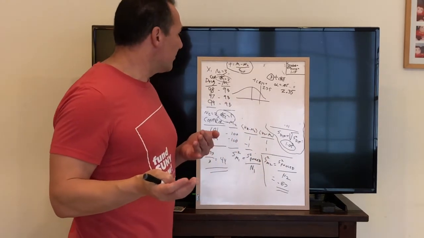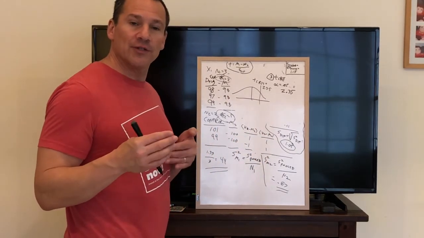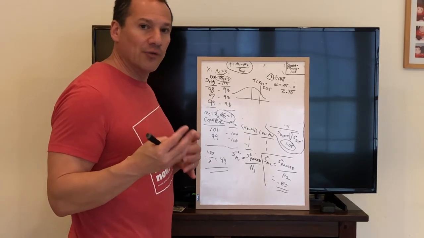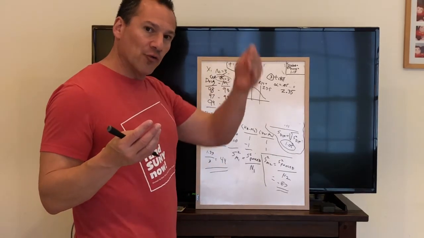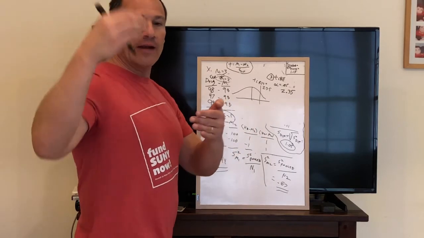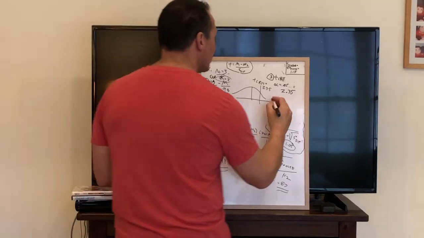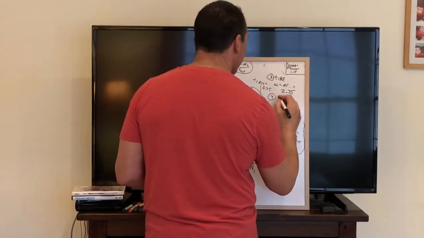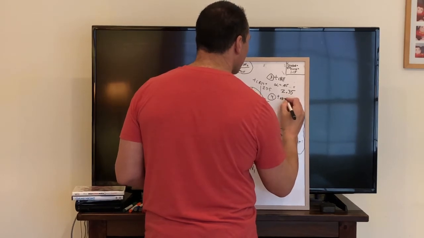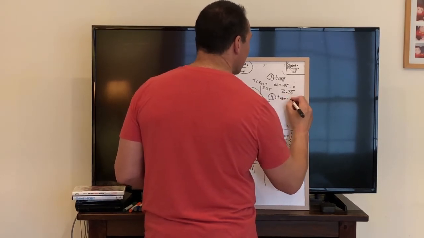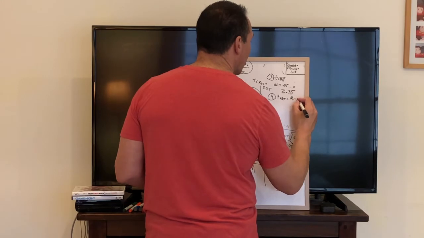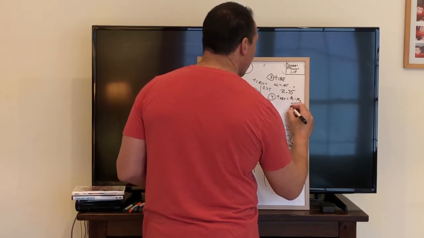The next step, and if you've been sitting through these videos or through this class all semester long, you know the next step. Once we have our critical value, we're now going to get our obtained statistic. In this case, we're going to call it t obtained. And t obtained equals M1 minus M2 divided by S sub diff.